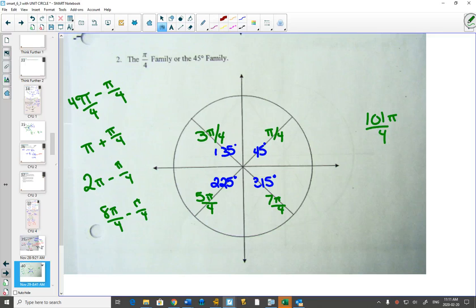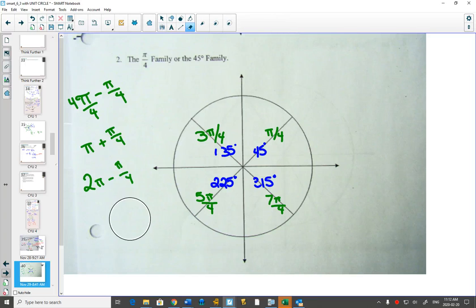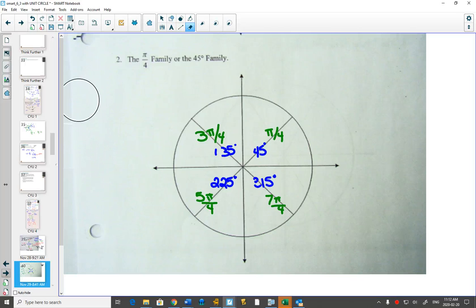In degrees, it's not as easy to see quickly. 315 degrees, oh, it's 45. Is that easy to see right away? No. So our reference angles in radians are going to be much quicker and easier to work with.